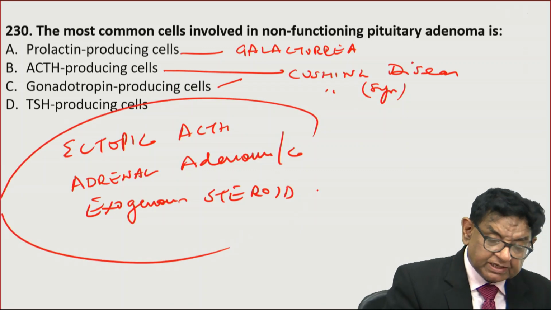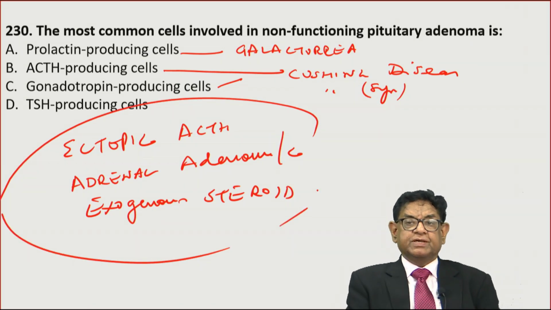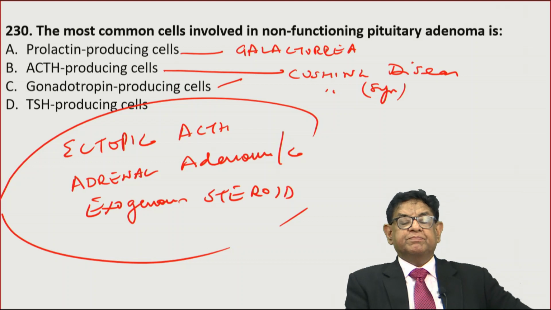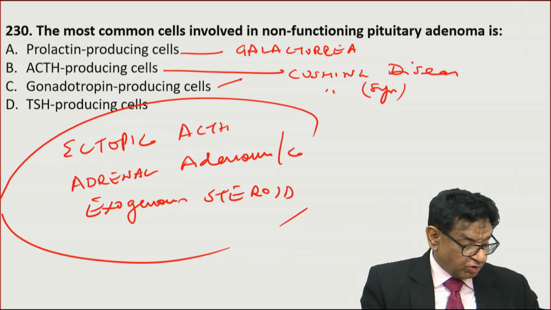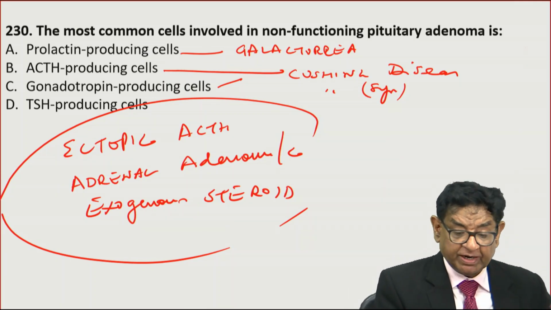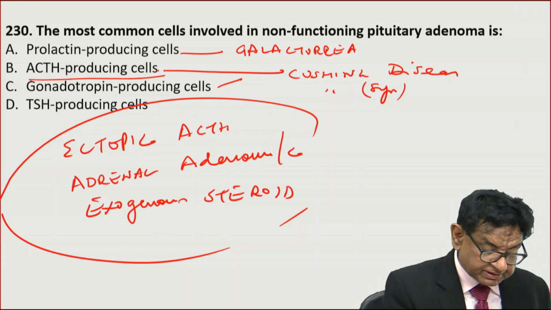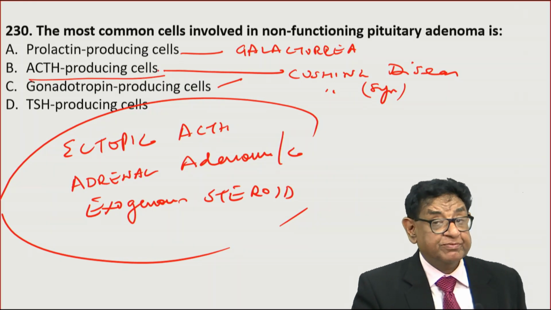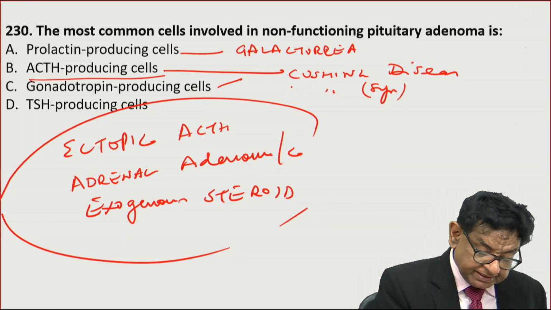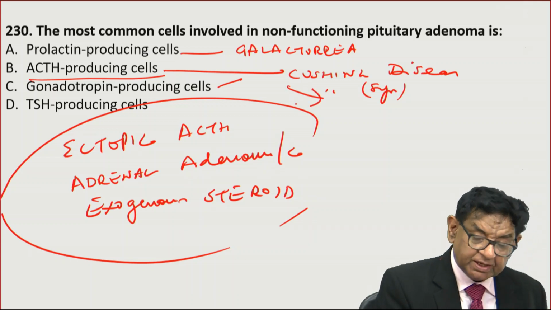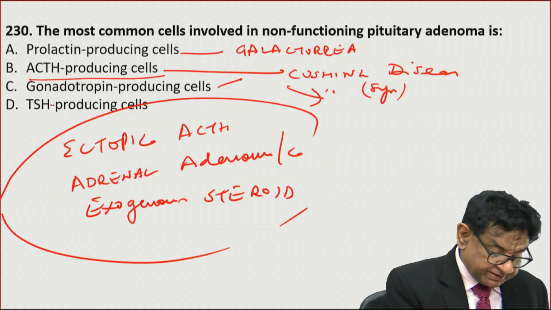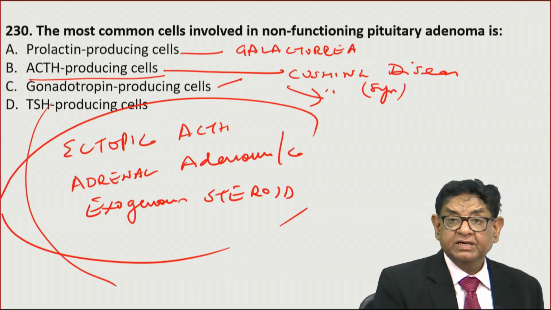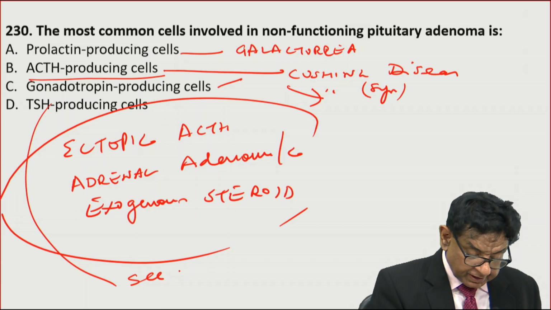All these are known as Cushing syndrome. Cushing syndrome is due to anything which leads to increased steroid in the body. But when we say Cushing disease, we are talking about excess steroid because of an ACTH producing cell. The Cushing disease is a type of Cushing syndrome, but not all Cushing syndrome is Cushing disease. And TSH producing cells will produce secondary hyperthyroidism.